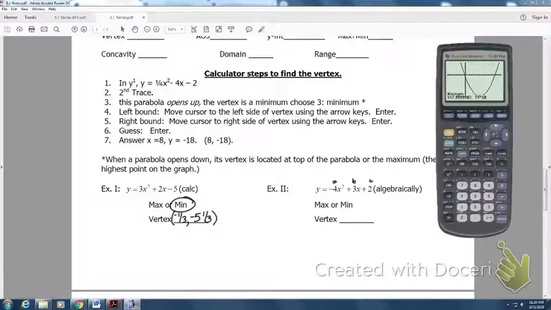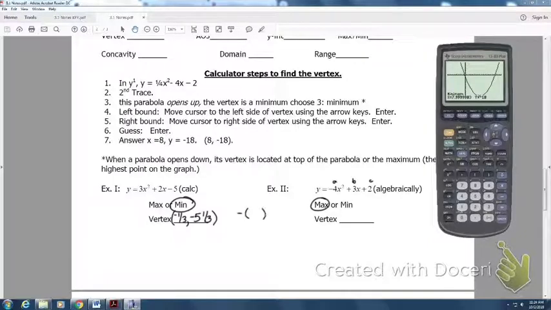So looking at this first, before we actually do the negative b over 2a, if the a is negative, is it going to be concave up or concave down? Down. So is it a maximum or a minimum? Maximum. So now let's do the negative b over 2a.